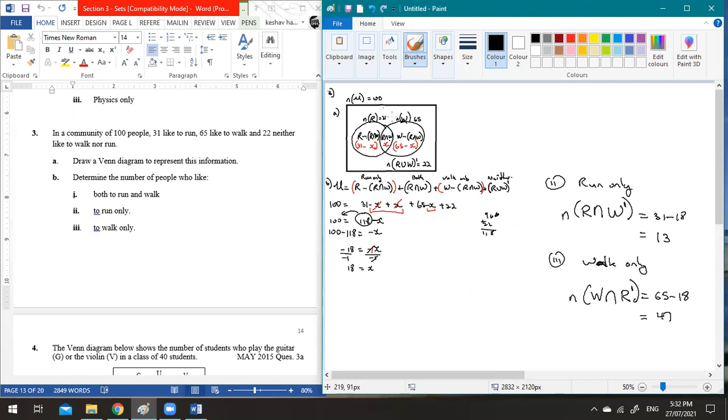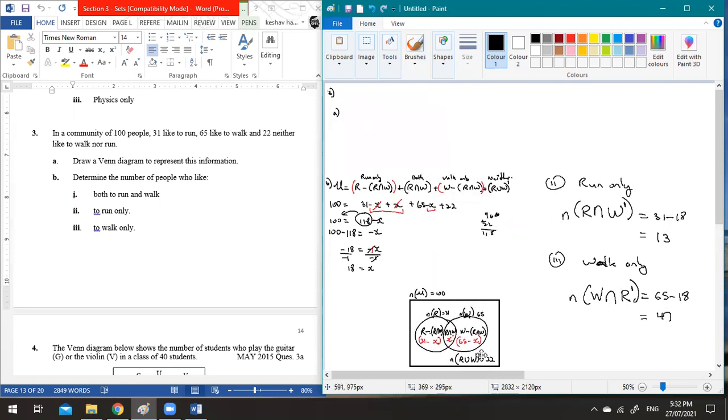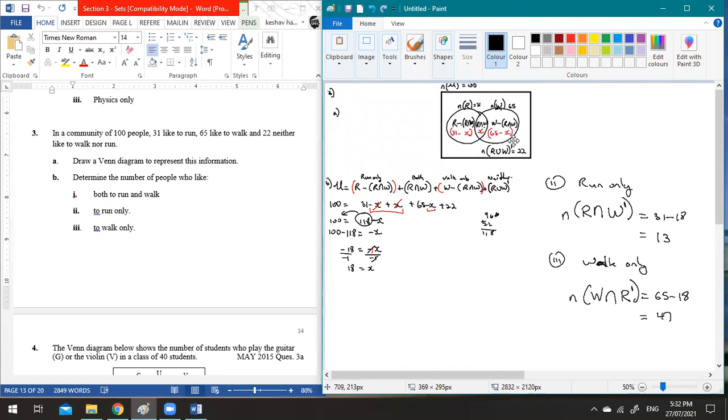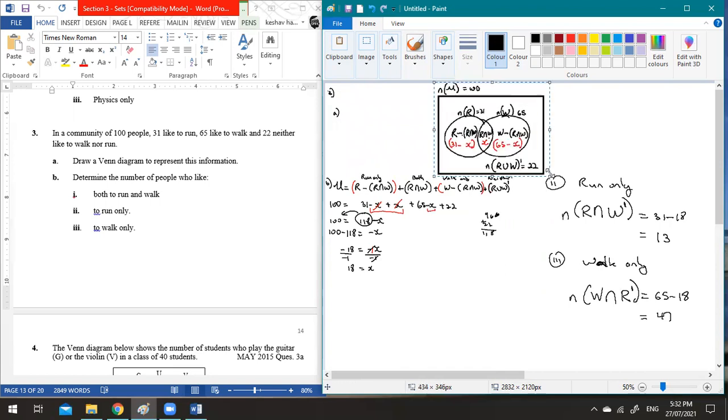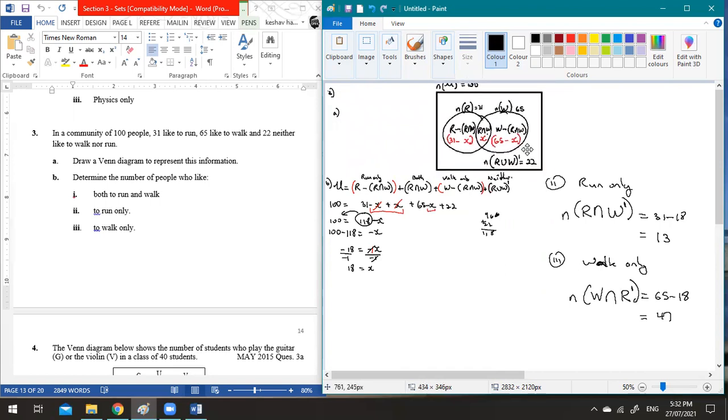Right? So in the Venn diagram, if I was to blow it up a little bit, let's blow it up a little bit. I would erase the middle here and write run only, which is 13.